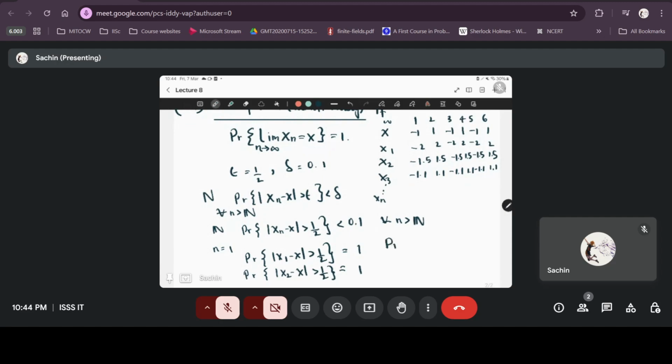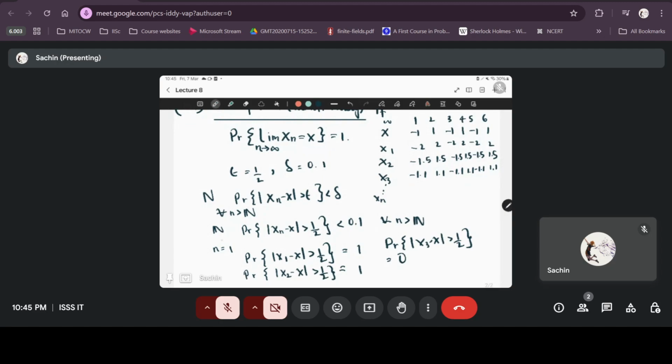And probability that X3 minus X is greater than half: X3 minus X is 0.1 for all outcomes, so it is less than half for all outcomes, so the probability that it is greater than half is 0.